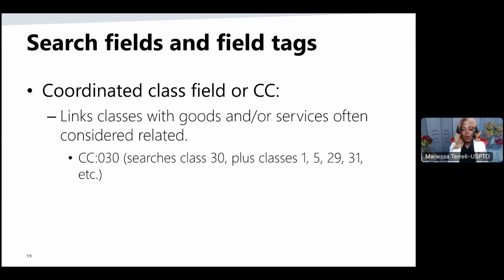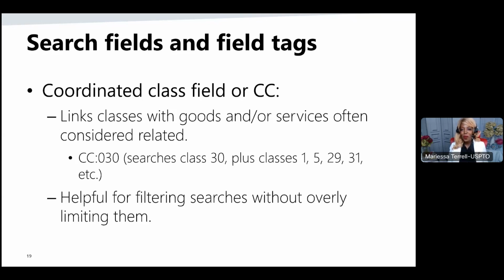And again, if you want more information about what a coordinated class is and you want to see all the coordinated classes in one place in a PDF document, go straight to our glossary, click on coordinated class, and you'll be able to navigate to a PDF document and see that information there. You're going to use this CC field tag to narrow your search results without overly limiting them.